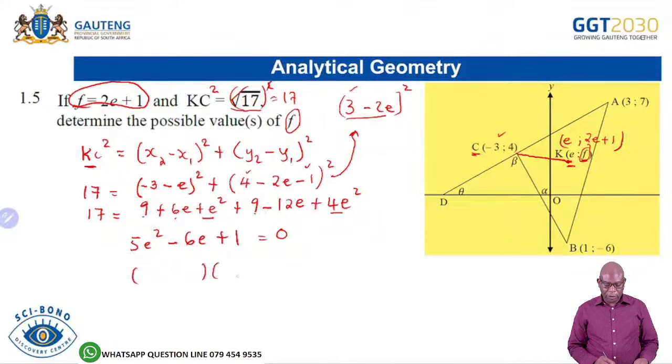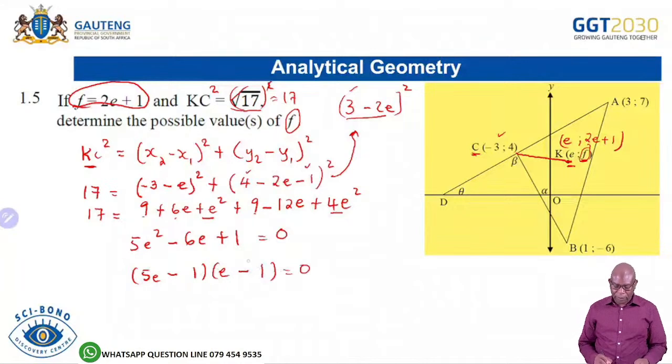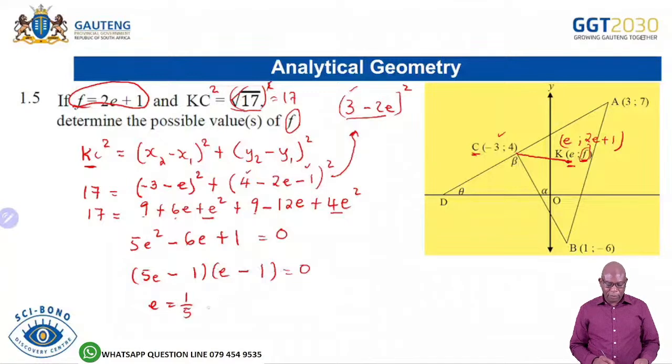From here I can factorize this. If you don't know how to factorize this quadratic, you already know that. So it's 5e and e, and then I'm going to get 1 and 1, and my signs will be negative and negative, because 5e times negative 1 is negative 5e, and minus 1e is minus 6e. So my e will be equals to 1 over 5, or my e will be equals to 1.